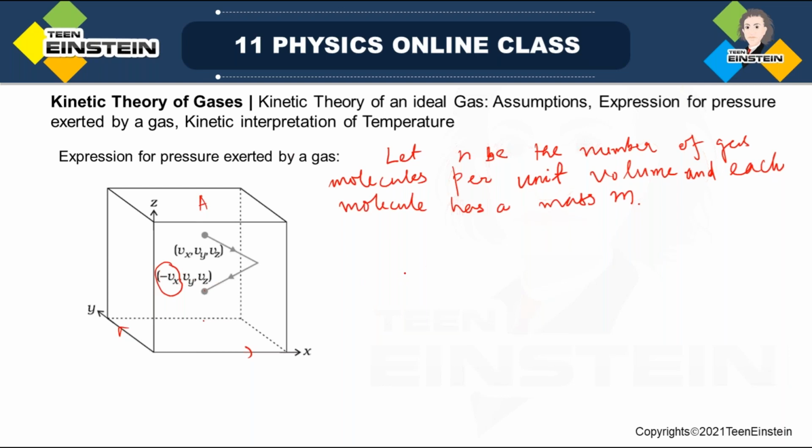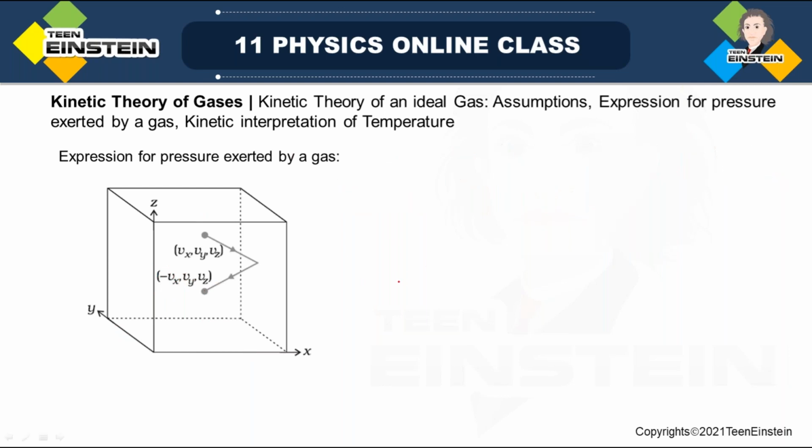What I'm trying to say is that suppose there is a molecule here. It has velocity components vx, vy, and vz. But now we are just looking at this molecule.